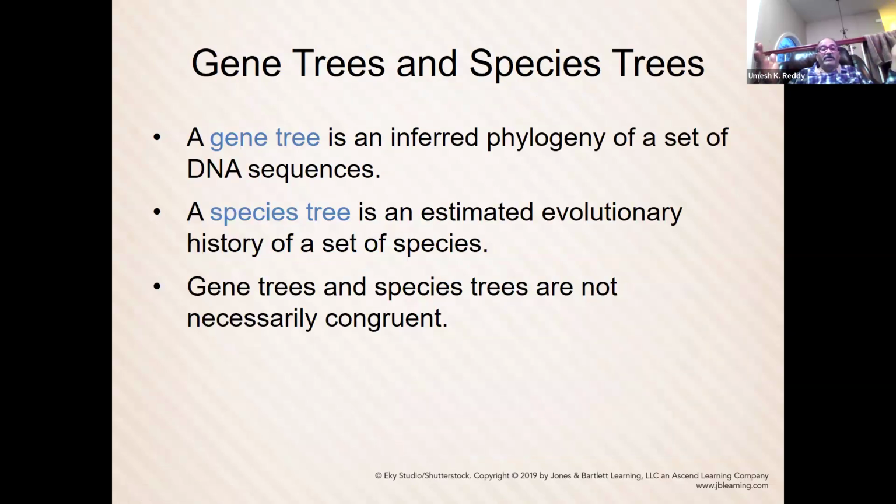So you can build gene trees based on one single gene. You can build a tree and say this is a gene tree. And also you can build a species tree. For making a species tree, you do whole genome sequencing and build the tree. With one single gene, the tree will not explain the correct relationship.